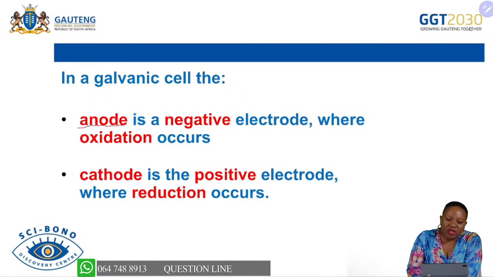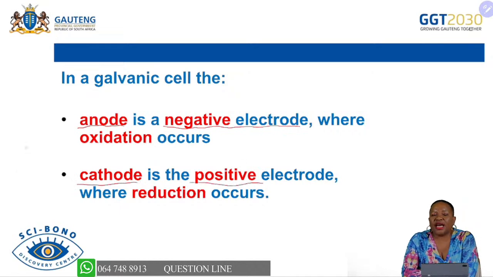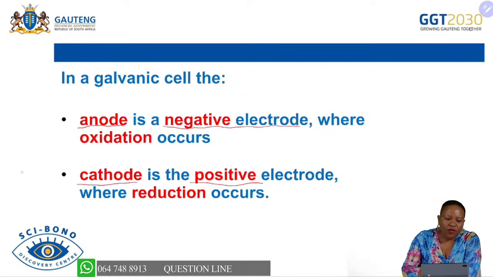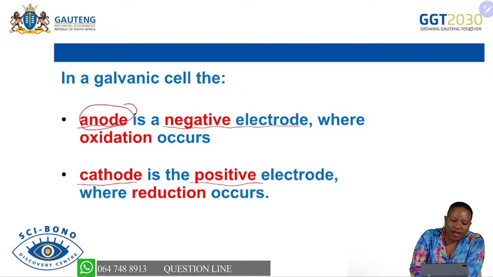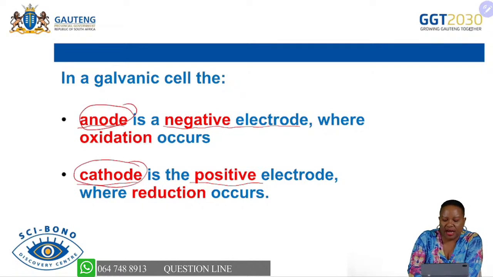Now, an anode in a galvanic cell will become a negative electrode, and a cathode will become a positive electrode. This is thoroughly explained when you see the reactions that happen in each half cell, in terms of the movement of ions and electrons for these two electrodes to gain these charges of positive and negative.